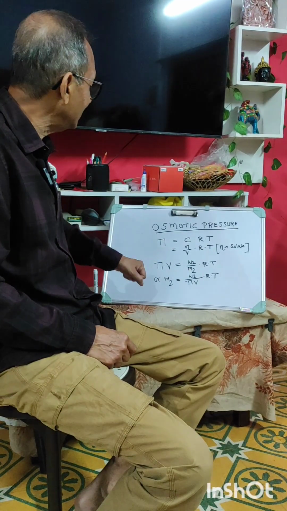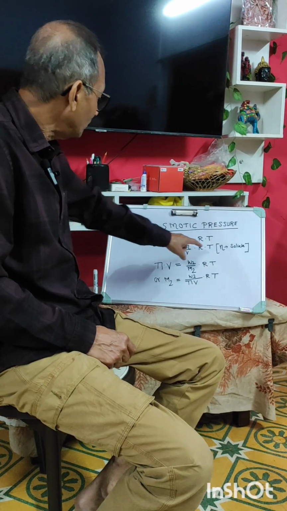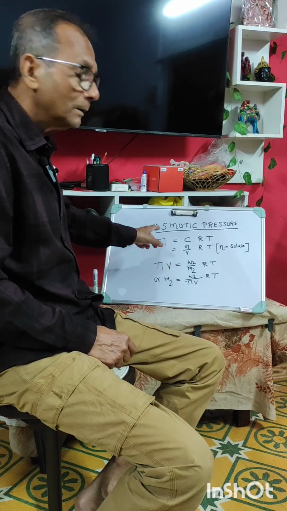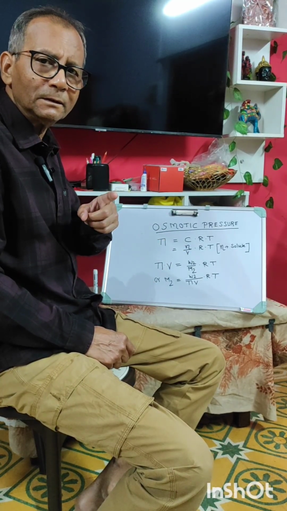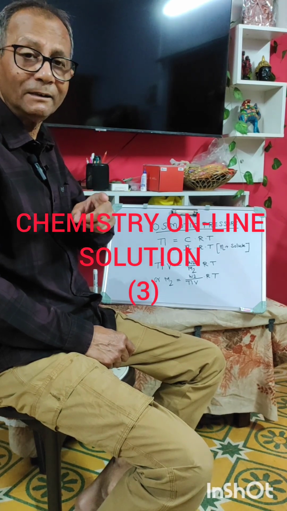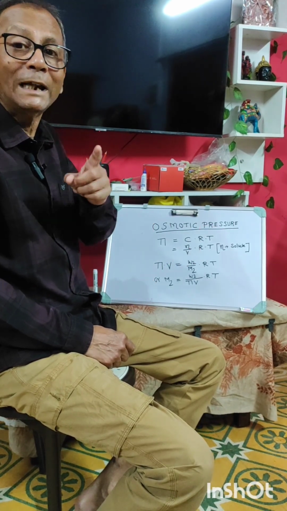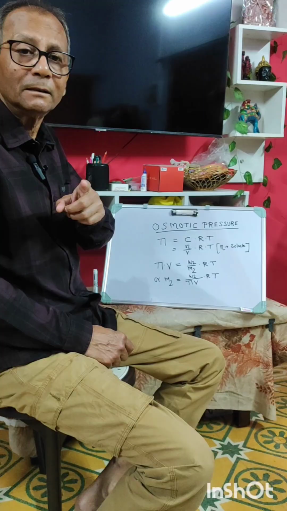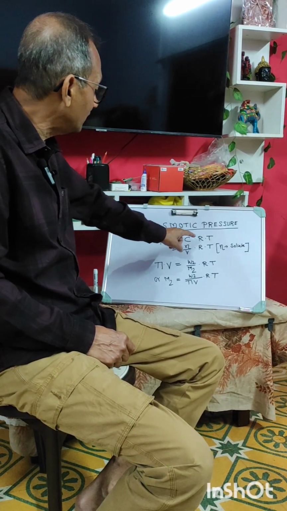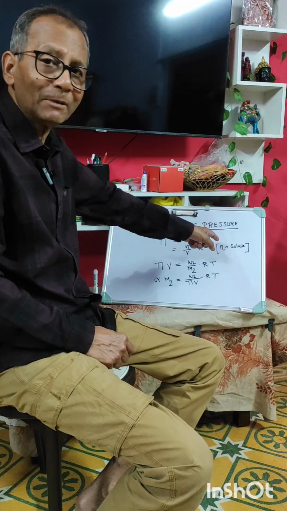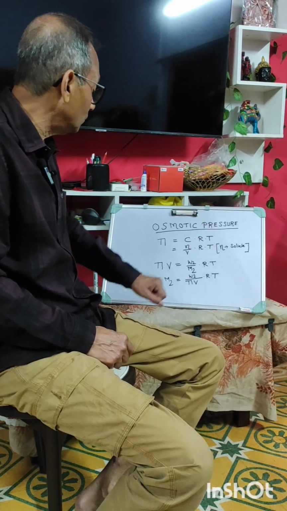So naturally we can say from this equation the osmotic pressure of a solution depends directly on the molarity of the solute in the solution. Pi is equal to n by V RT, where n is the number of moles of solute.